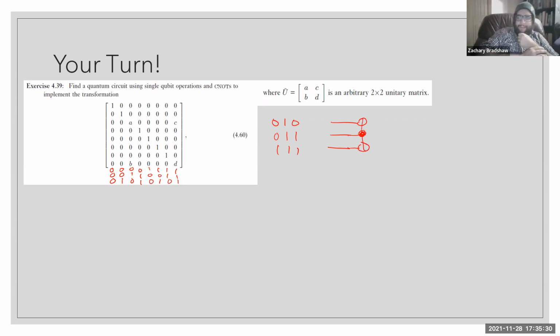Target. This is hard to draw, surprisingly. There we go. So it should look like that, right? And then for the next one, my target is the first one, and then I should have a closed control. And now I apply the unitary to which one?